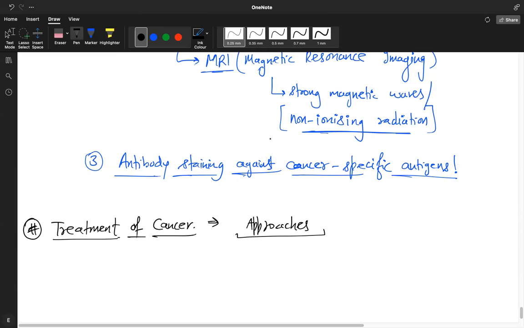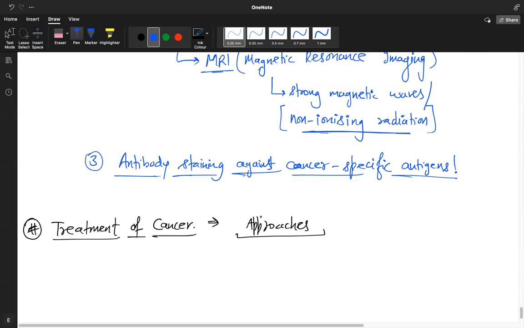Let me just tell you quickly that it will not be one thing that we will be doing, because we know that cancer is a very serious problem. So it's not like we will decide which one to go with. In almost all the cases of cancer, if it is not detected at a very early stage where we know that the tumor is yet not very big, mostly it is a combination of all these approaches.